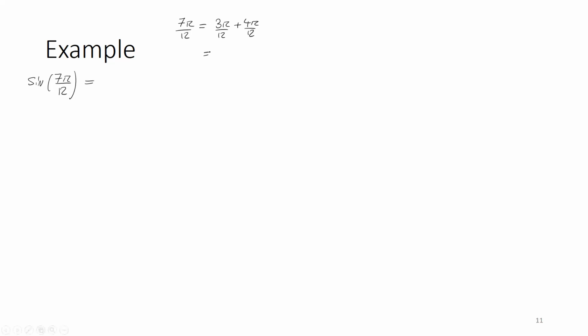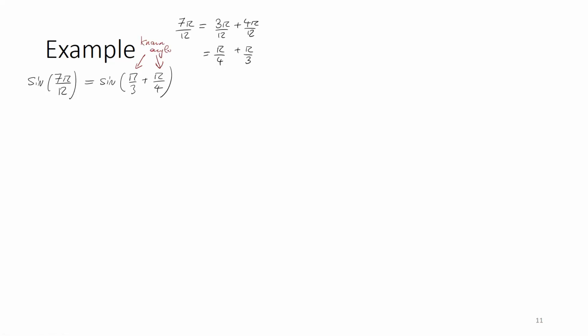And if I simplify that a little bit, that's pi over 4 plus pi over 3. So that thing that I want to calculate, I can write as the sine of pi over 3 plus pi over 4. And this is a good observation to make, because what you have here, pi over 3 and pi over 4, these are known angles.